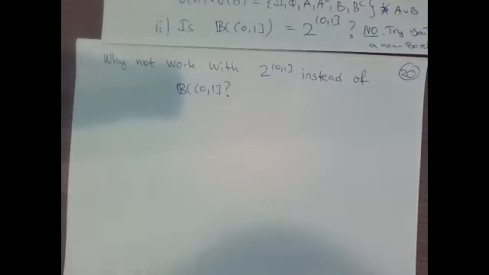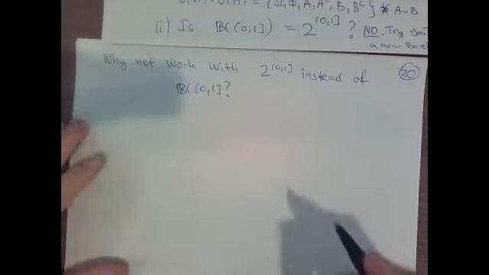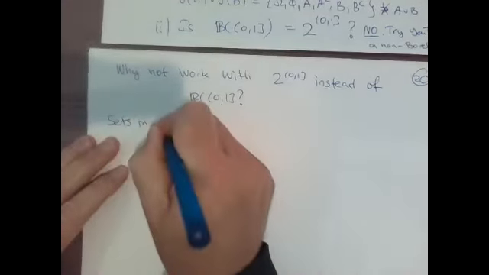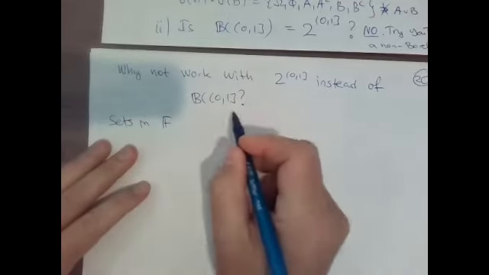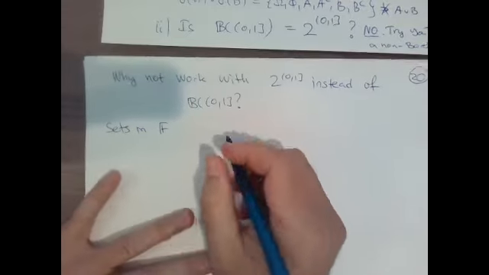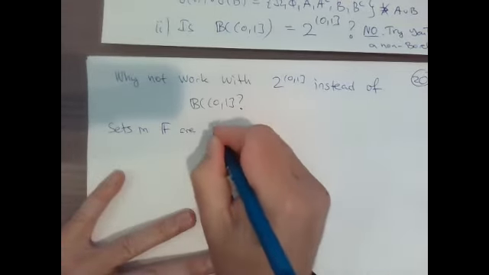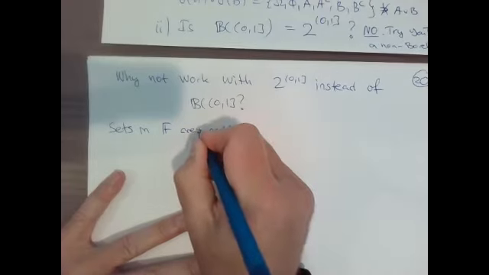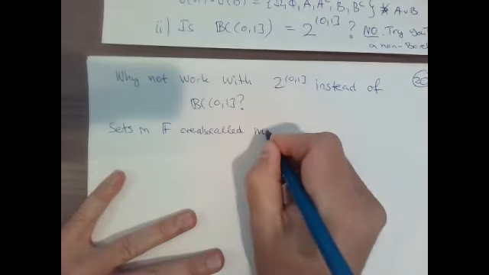The sets that live inside sigma algebras are often called measurable sets. So sets in F are also called measurable sets. I'm trying to get at this question in the last half an hour.